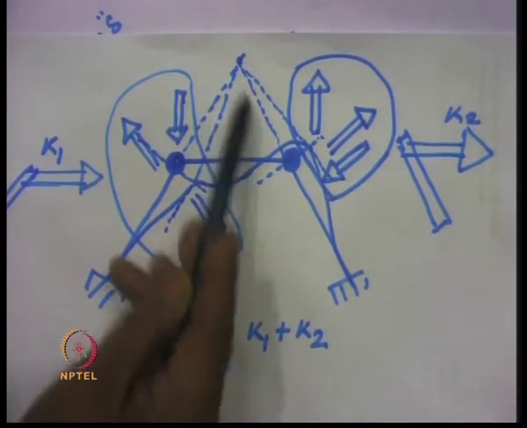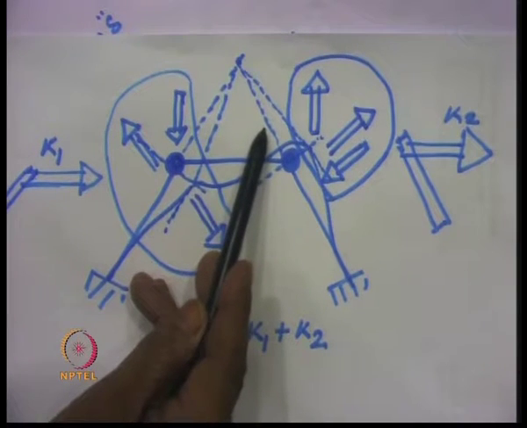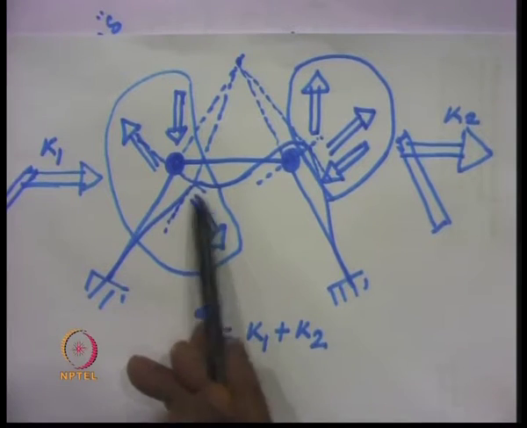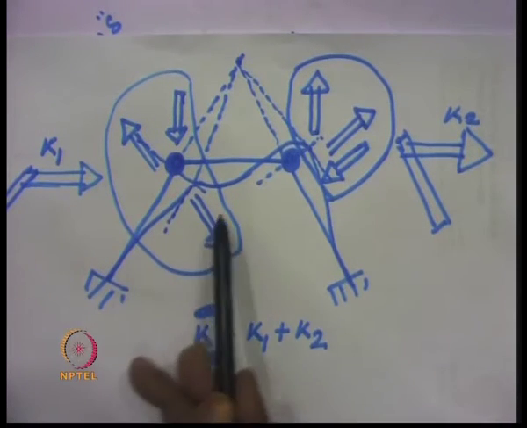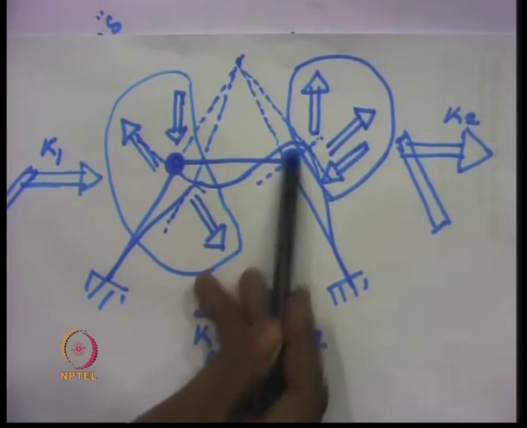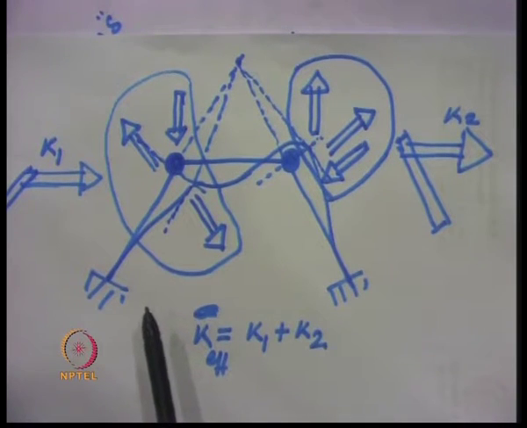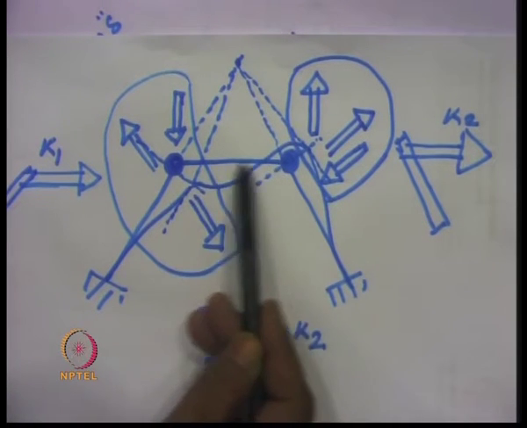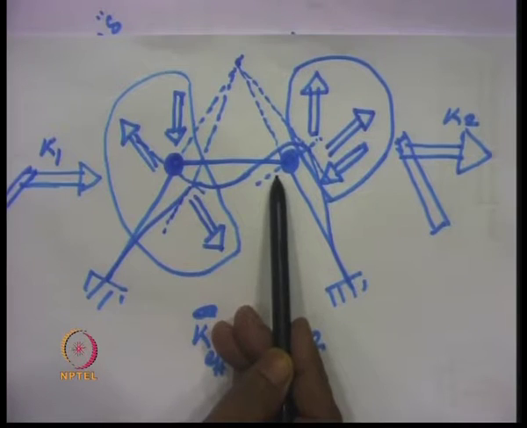And in this triangle, if these two lengths remain unchanged after the rotation, then the third length, joining this point and this point, also will not change. So, if they do not change, then the length of this member remains unchanged.